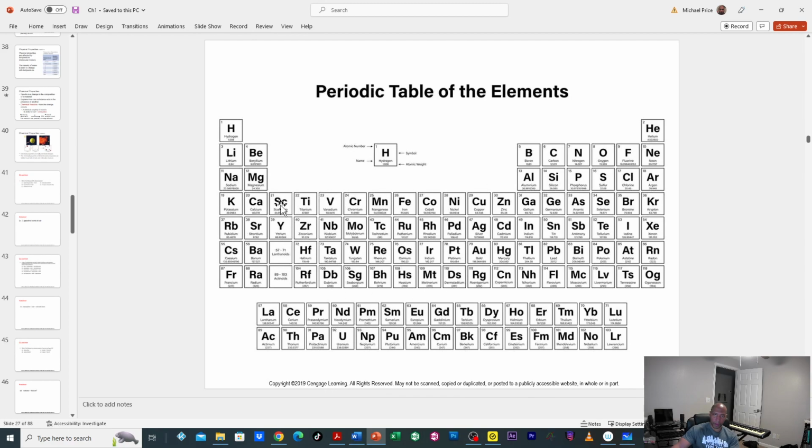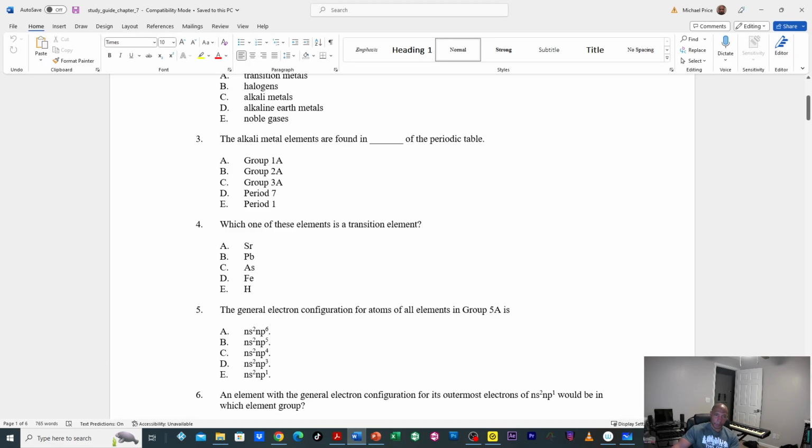All right, which one of these elements is a transition metal? So of course strontium isn't. It's an alkaline earth. Lead is main group. Arsenic is also main group, and of course iron is a transition metal. So going back, any of these in this block of metals, starting at scandium on one end, zinc on the other end, and going all the way down to Copernicium.